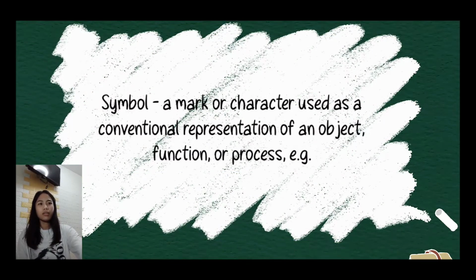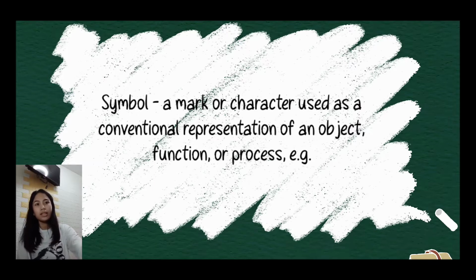The next term is symbol. A symbol is a mark or character used as a conventional representation of an object, function, or process. It is the letter or letters standing for a chemical element or a character in a musical notation.